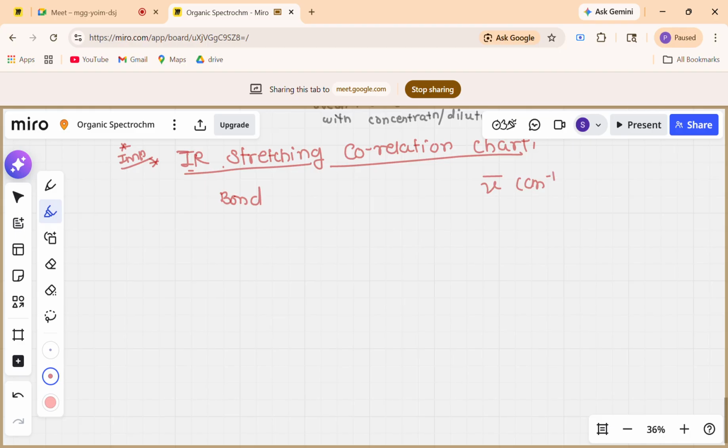So we will see some stretching, like the bonds and their corresponding stretching frequency values. Here is what bond we are considering and the stretching frequency value corresponding to it. When you revise 2-3 times, you will be able to memorize it. So the first one is the CH stretching.